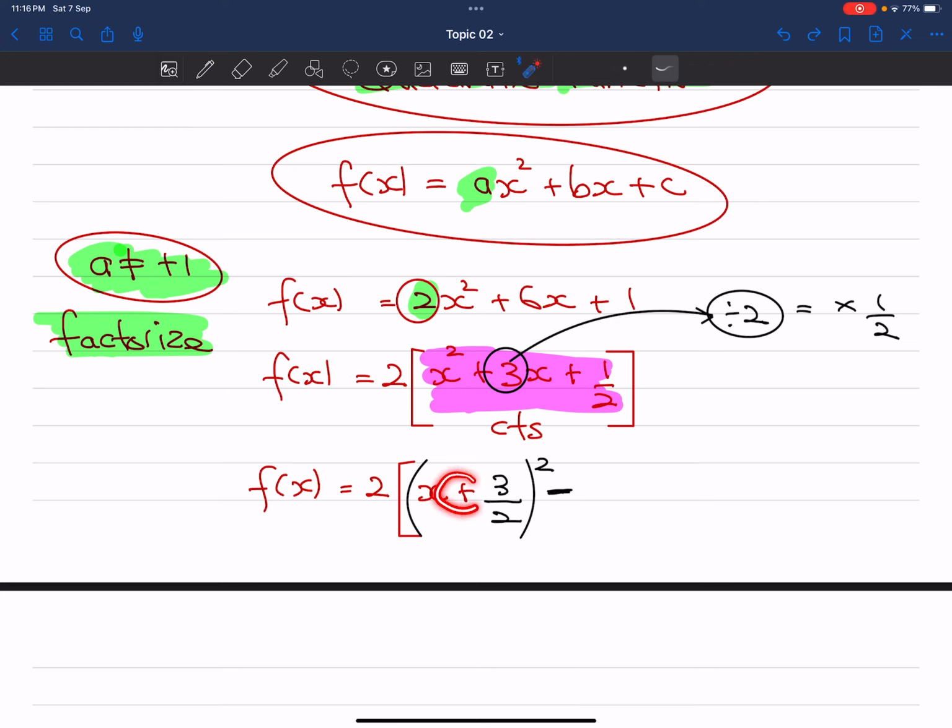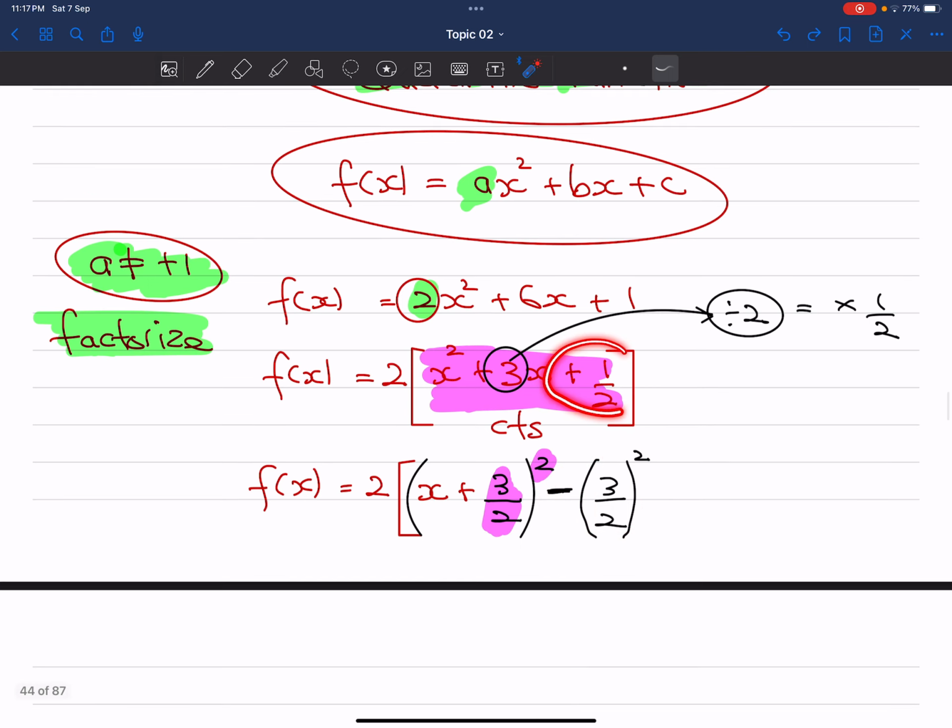Whether inside plus or minus, outside always minus. Minus what? Minus the 3 over 2 power 2, which is, put the brackets first, 3 over 2 brackets square. That's all. And finally, the last number 1 over 2, I put back. Plus 1 over 2. And then close back again.